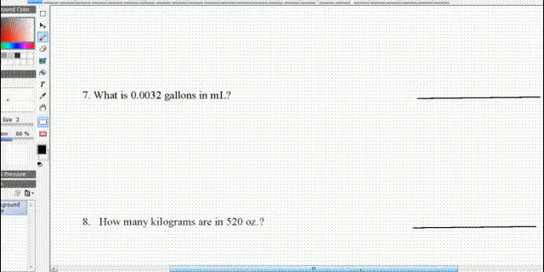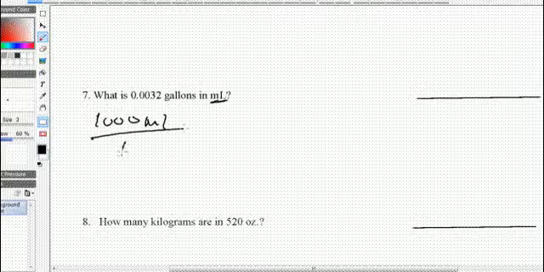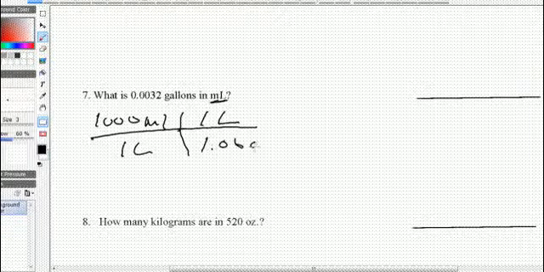How many gallons? How many milliliters? Milli is what? 1,000. So that's 1,000 milliliters in 1 liter. You know 1 liter is 1.06 quarts.